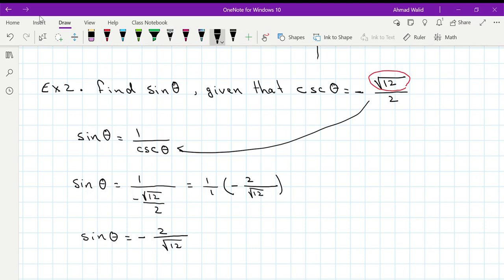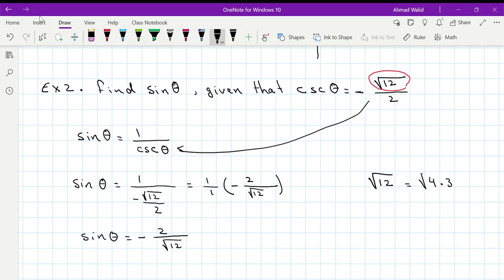But you see, I have to explain a little bit of algebra for you. Sometimes you have a number under the radical that you can simplify. For example, this one, the square root of 12. Can I rewrite the square root of 12 as the square root of 4 times 3?